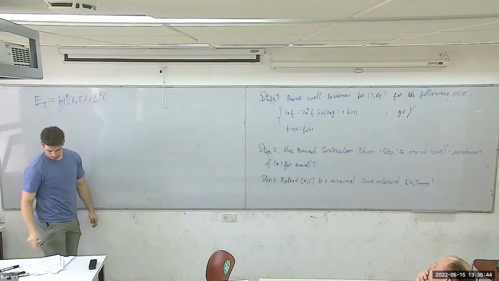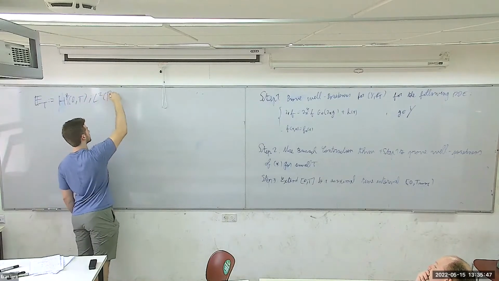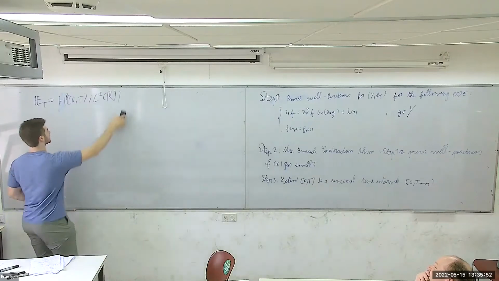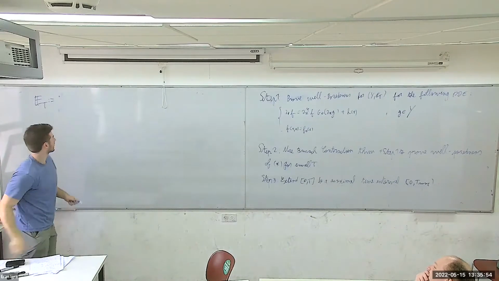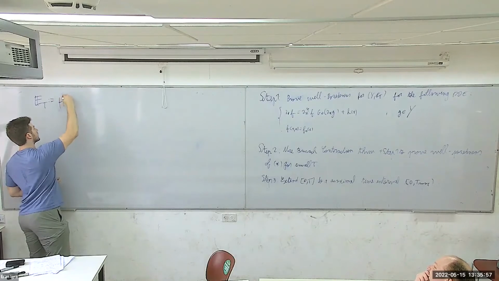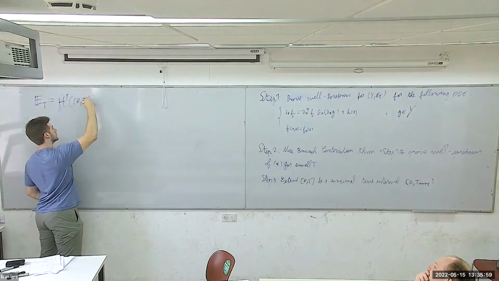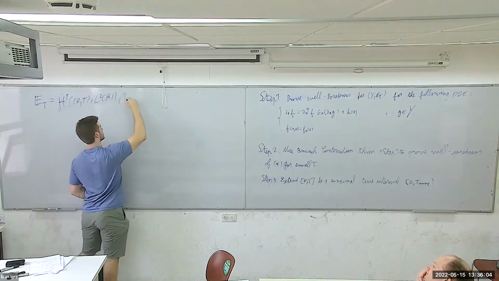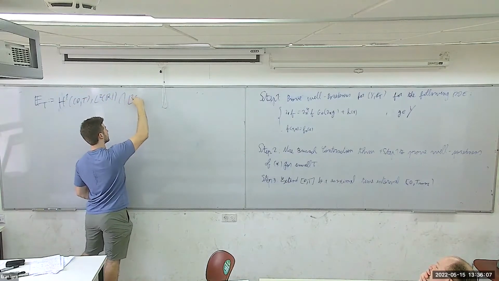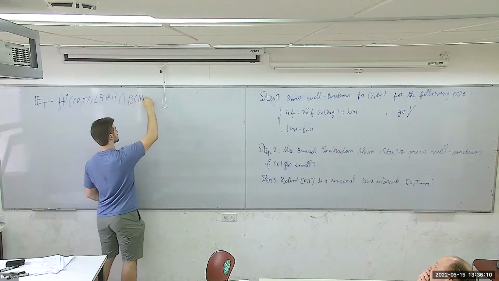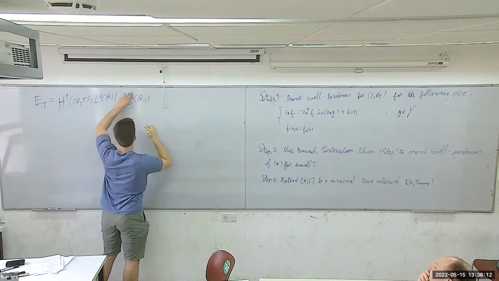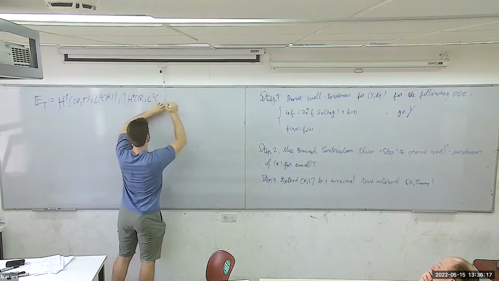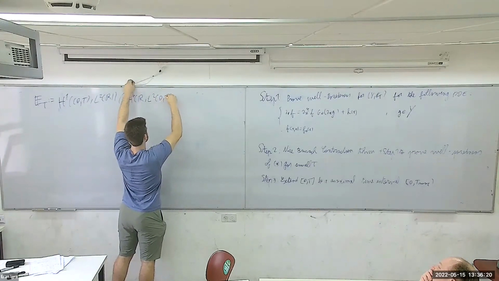Remember, it's a function, it's a graph, it's a function of H1 of (0,T), L2 of R, intersection L2 of (0,T), H4 of R, L2 of (0,T).